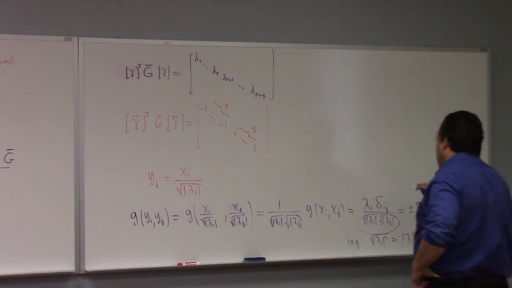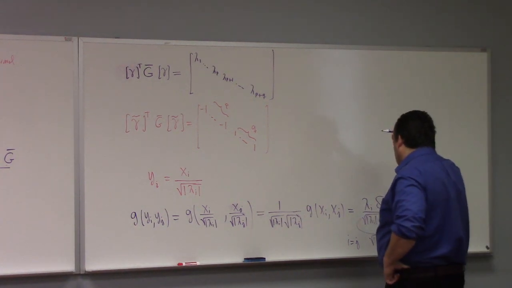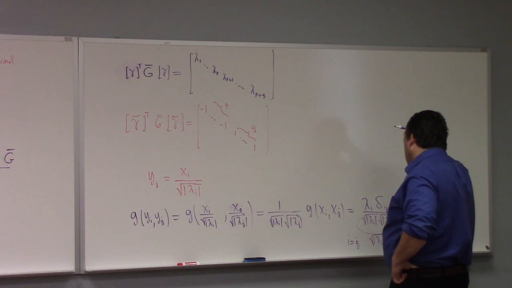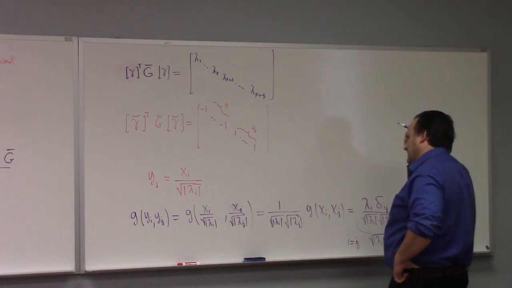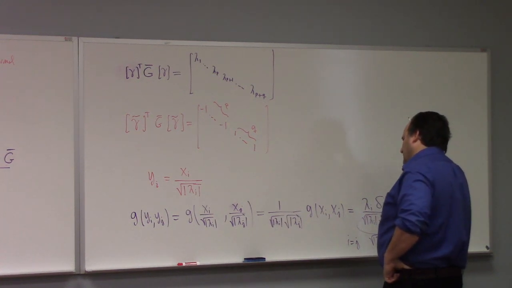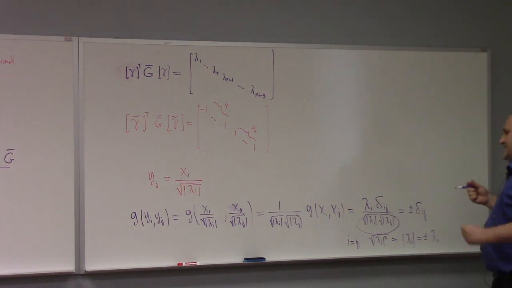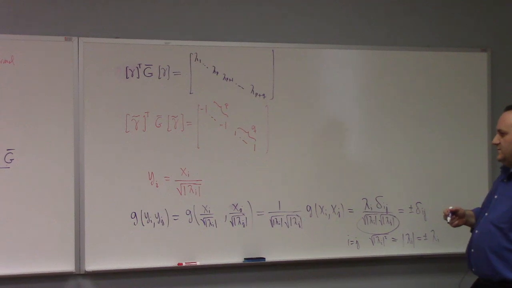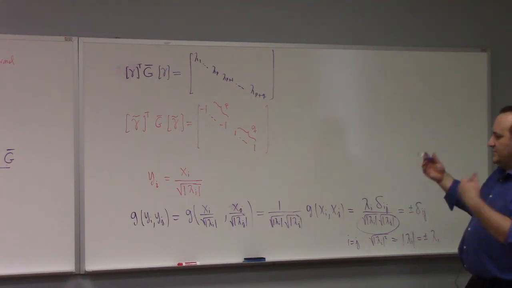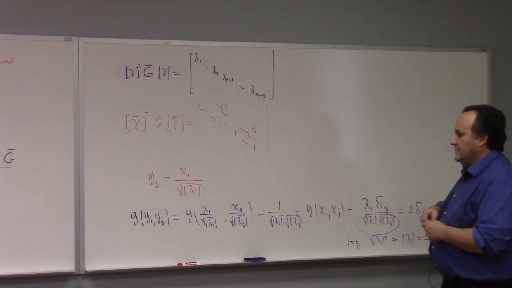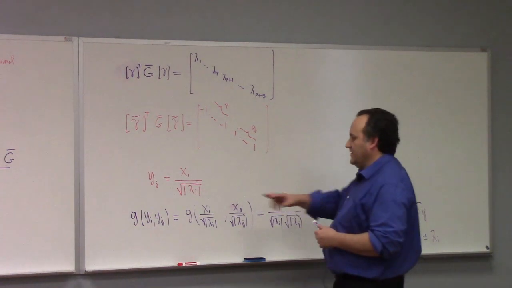Let me think. Well, everything I'm doing is a little bit suspect, right? I can't even do what I'm doing, because these are column vectors.